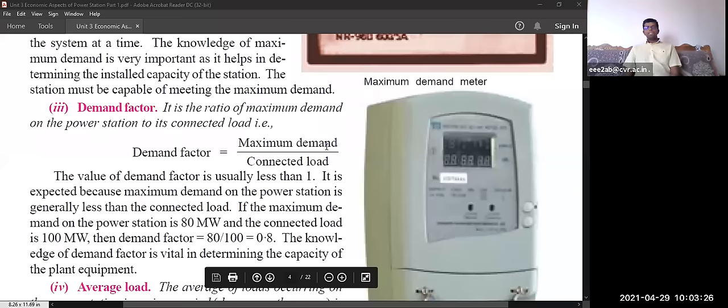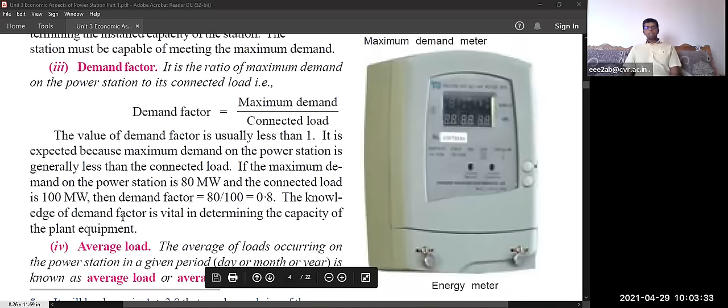So the knowledge of the maximum demand factor is vital in determining the capacity of the plant equipment. This can decide the power plant equipment also. So generally the demand factor is less than 1.